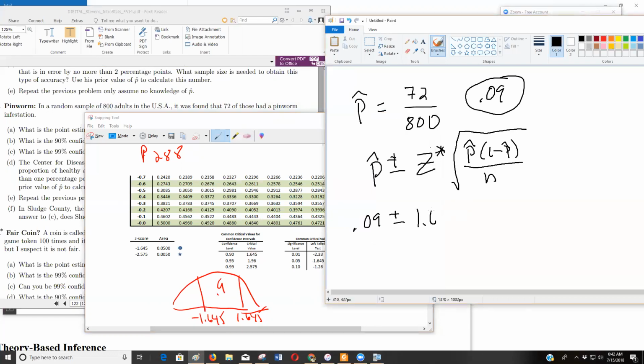So 1.645. And then because we don't know anything about the population other than the sample, we're going to do 0.09 times, let's make a decimal, 1 minus 0.09, which I think is 0.91, all over 800. And I'm going to take the square root. And now I'm going to do that calculation.